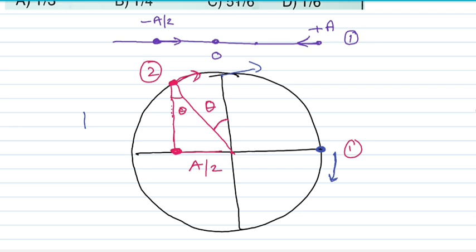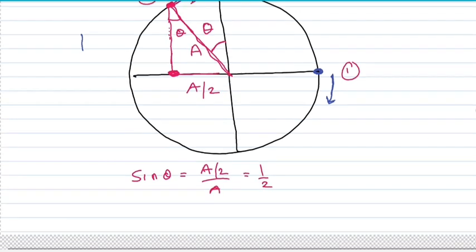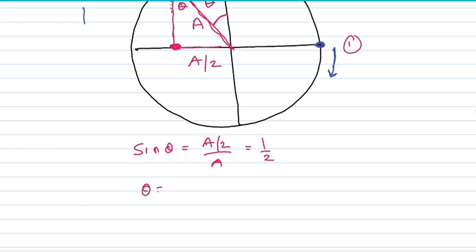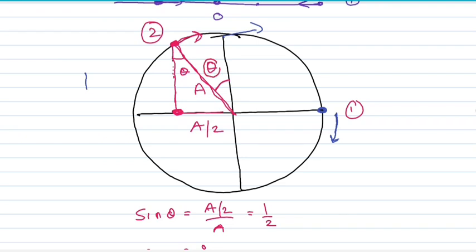Sine theta is equal to A by 2 divided by the radius capital A, which is equal to 1 by 2. So angle theta is equal to 30 degrees.